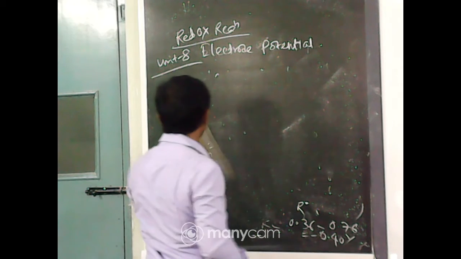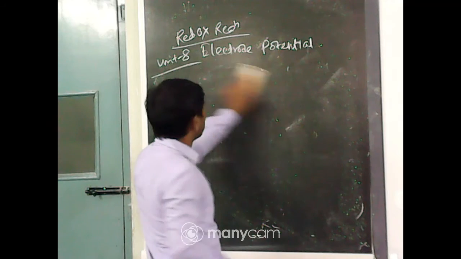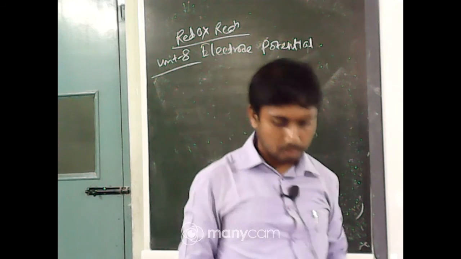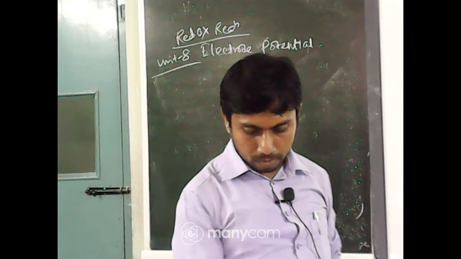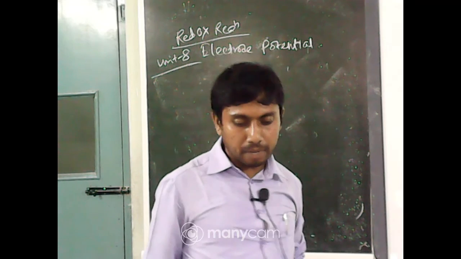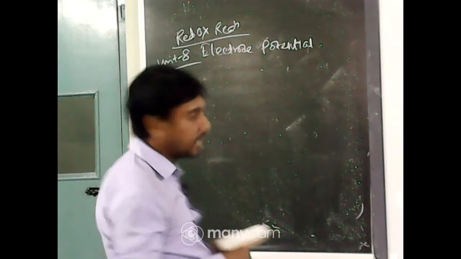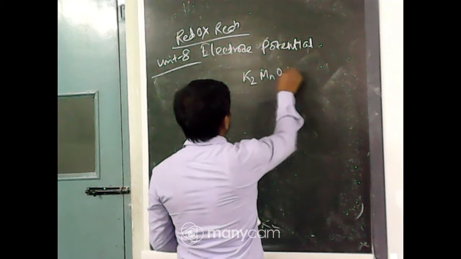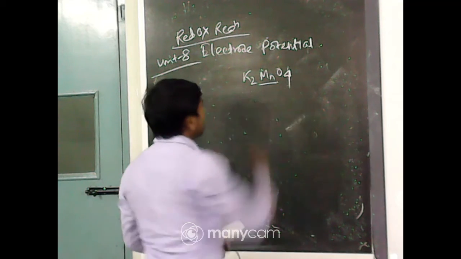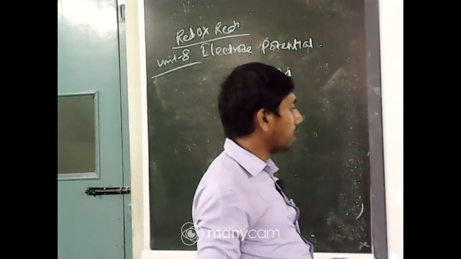Now, I am going to take a few more questions from this chapter. Assign the oxidation number to the elements in the following species, that is K2MnO4. Calculate the oxidation state of manganese in K2MnO4. How to calculate?